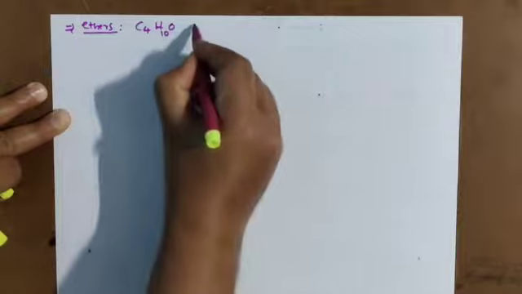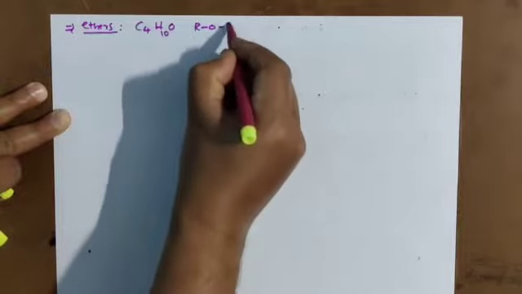Let us go to functional group isomers. Alcohols completed, ethers next. So here I am drawing ethers, C4H10O. We have to draw them in the form of ROR.